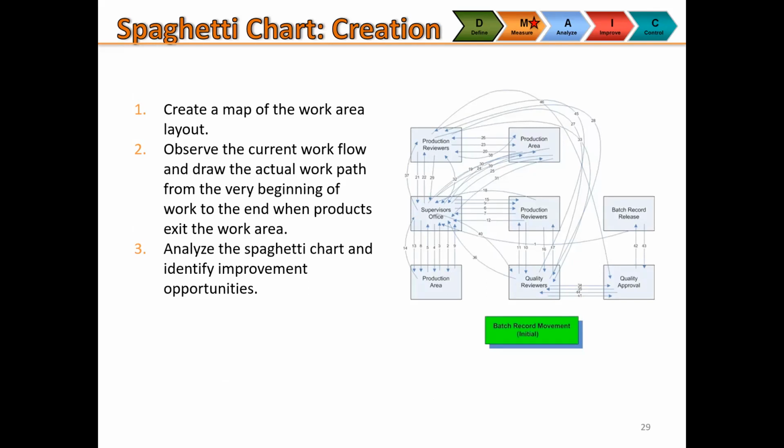We don't pay attention to it until people start having sore backs and sore feet. You'd be amazed at how much unconscious walking we do in a week, and it's a great tool for spaghetti charts because you can put the distances in easily. We want to cut out all that walking, because the customer's not paying for it.